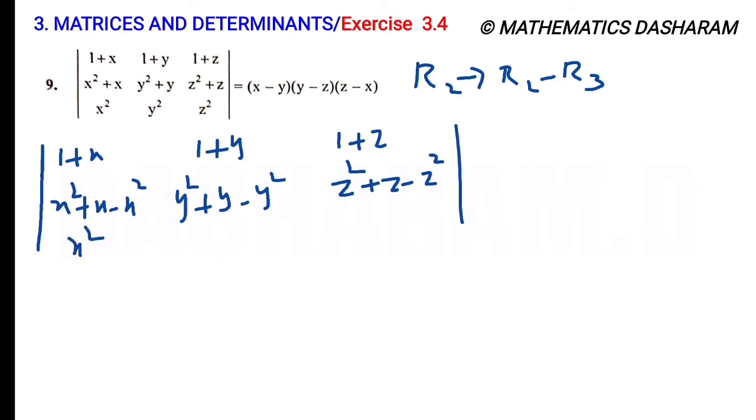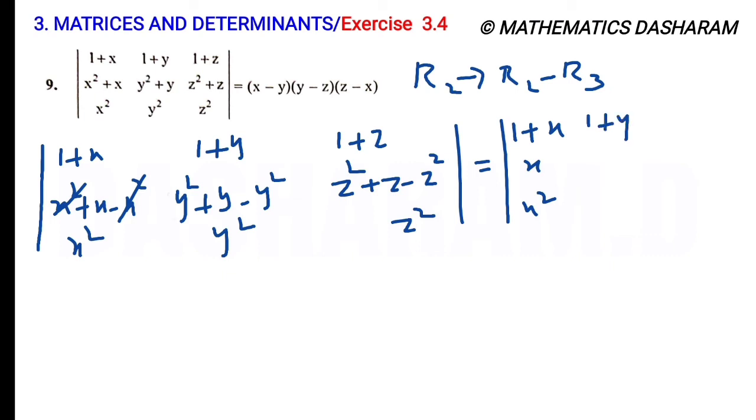And the third row is as it is. So it is equal to 1 plus x. So here plus x square minus x square cancel, x, here x square; 1 plus y, square minus y square cancel, y, here y square; plus z square minus z square cancel, so 1 plus z, z square.